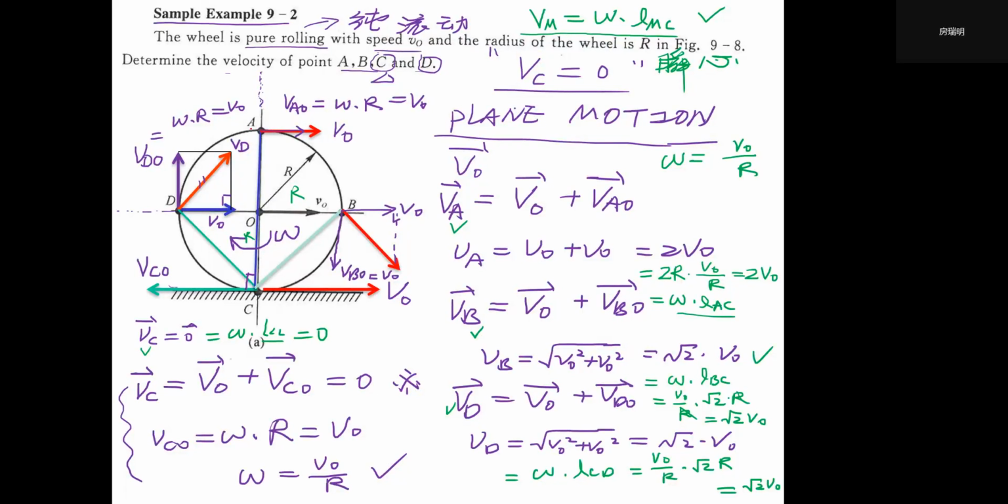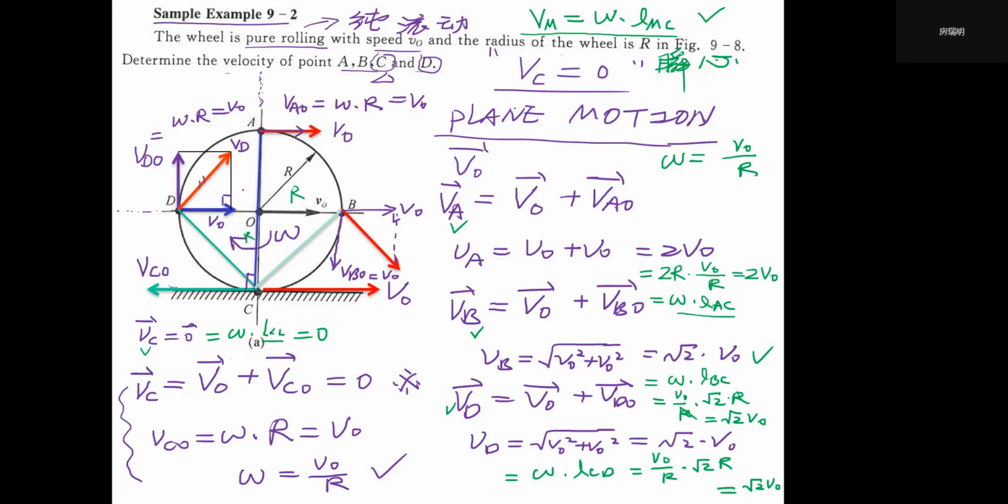Because this wheel is in pure rolling, which we call 纯滚动, this point C is a very special point: its absolute velocity will always be 0. At this moment, any other point on this plane figure or rigid body can be treated as rotating around this point C with the same angular velocity omega, right?